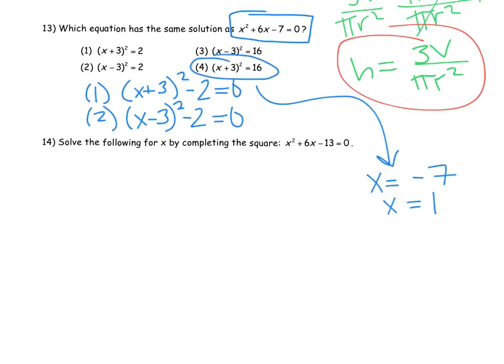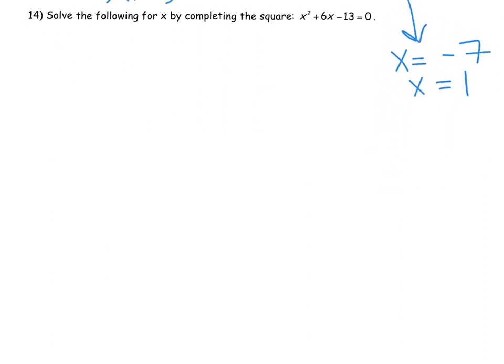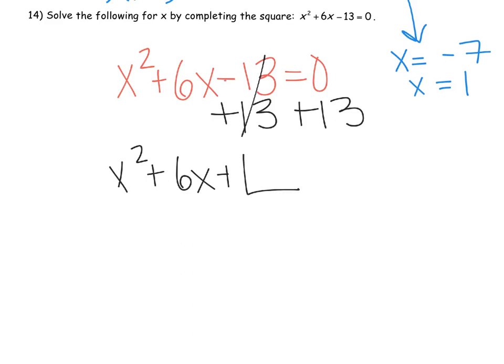All right, so let's finish this up. Question number 14, we're going to solve this by completing the square. So I have x squared plus 6x minus 13. There will be a question like this tomorrow. When you complete the square, we've got to get that c term to the other side. So I have x squared plus 6x plus a blank space, or a box, is equal to 13 plus that blank space.